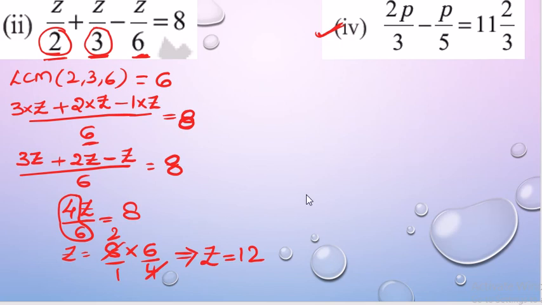So from this, here I can take the LCM of these two, right? Since the denominators are different, I need the LCM. Since both the numbers are prime numbers, when prime numbers are given, directly take their product. The product of the numbers is nothing but the LCM.